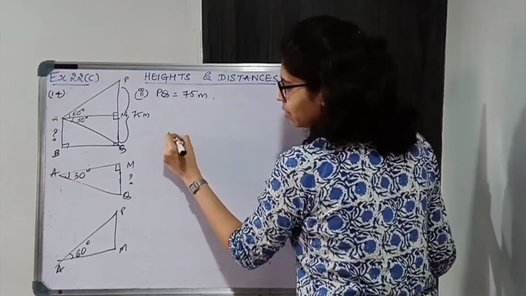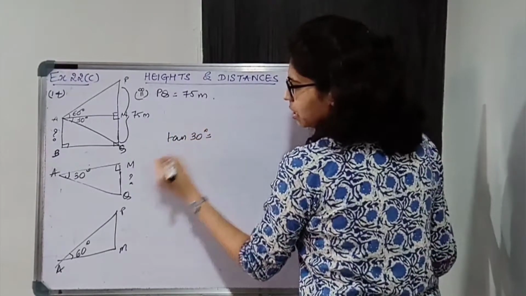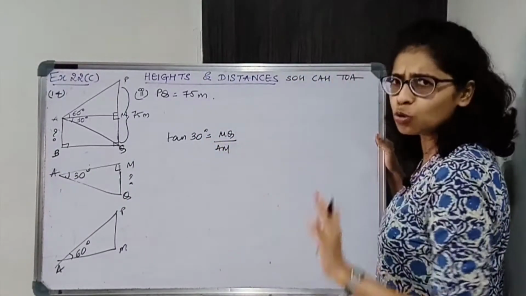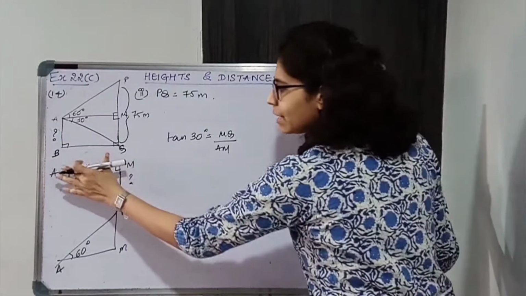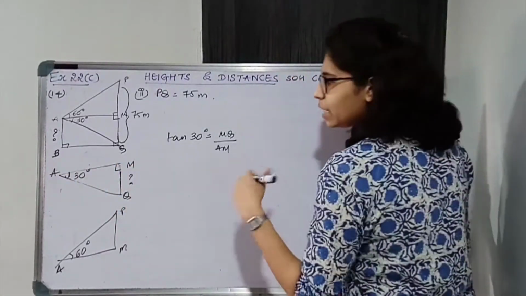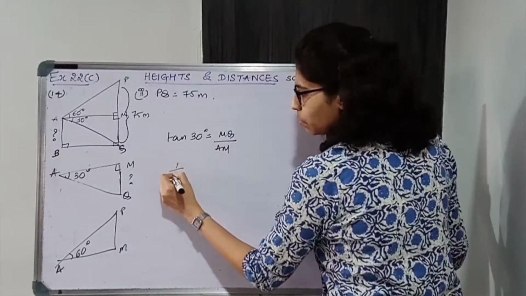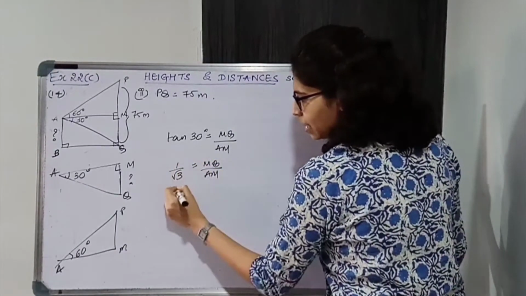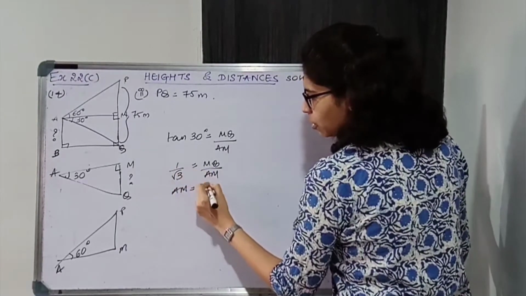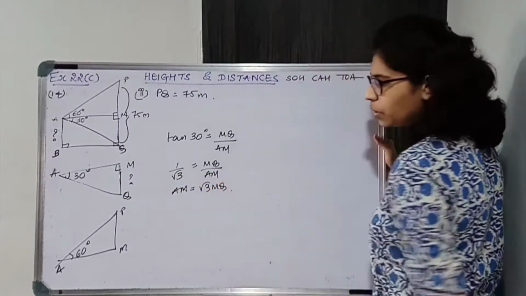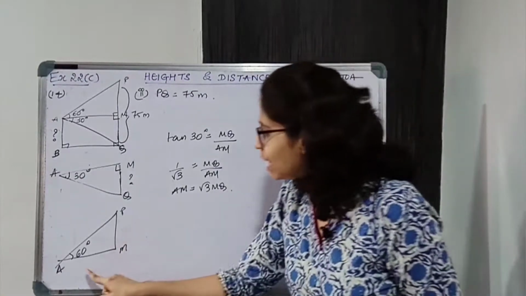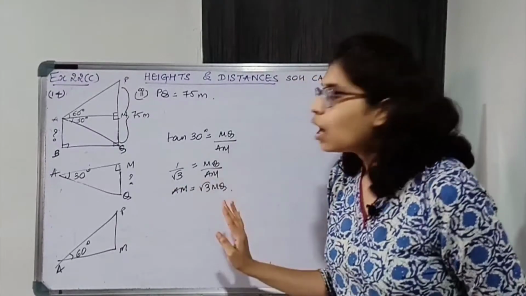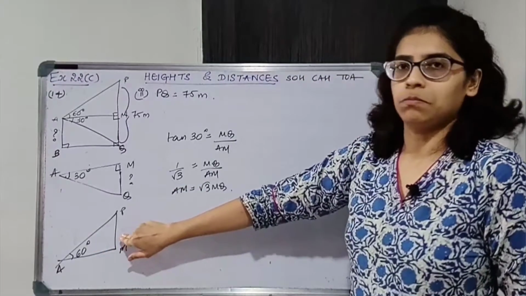So tan 30 is equal to opposite, that is MQ, upon adjacent, that is AM. I don't know AM, but I'll write AM in terms of MQ. Tan 30 is 1 upon root 3. It is equal to MQ upon AM. Cross multiply, so AM into 1 is AM, equal to root 3 into MQ, root 3 MQ, okay? Now this same AM is present in this triangle. Now I relate AM with PM.